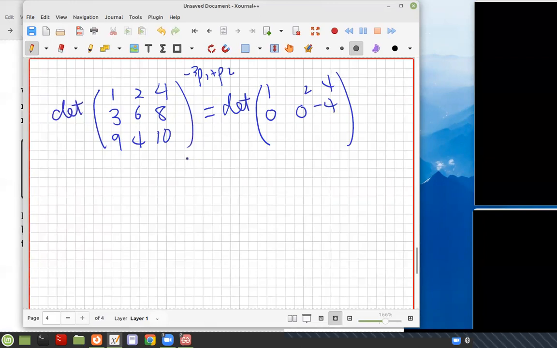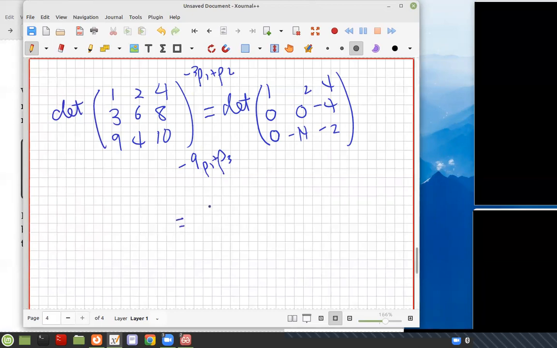Then I can do minus 9 row 1 plus row 3, which will give me 0, and minus 18 plus 4 is minus 14, and minus 9 times 4 is minus 36, plus 10, is minus 26, okay? So these determinants are equal, because I did row combination operations.